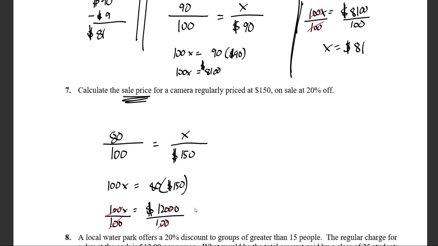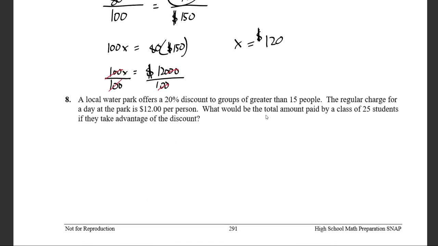We're going to get 120. So I'll find that x, my unknown, the price I should have to pay, is $120. Which I think makes sense. It's normally 150. We're saving a bit, but not a crazy amount. So $120 is definitely a deal, but not an unbelievable deal.